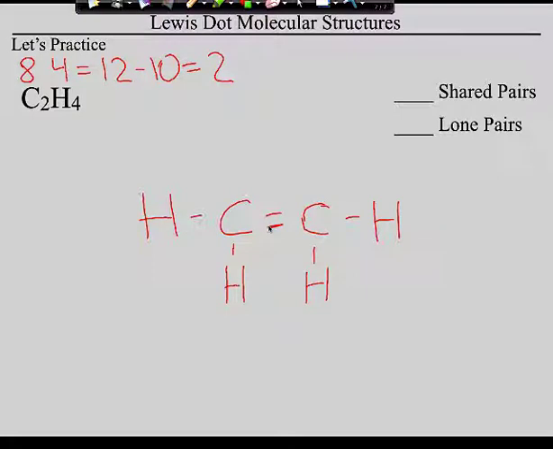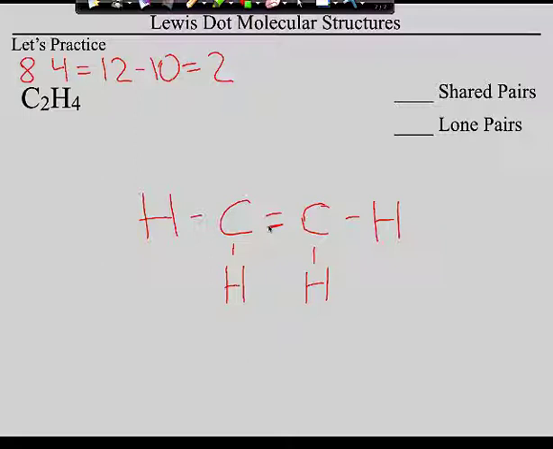Now, this carbon has got 8, and this carbon has got 8, and we just formed the C2H4 molecule that actually has a double bond between the carbons, giving both of those carbon atoms 8 valence electrons.